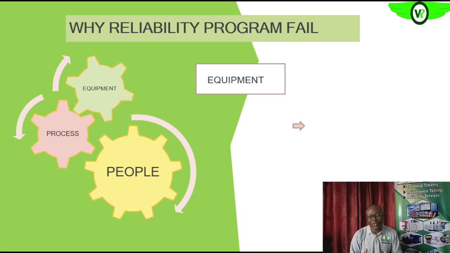Vibration will help you to look at the condition of the equipment. That condition of the equipment can only tell you when the equipment actually needs to be maintained, as we will see later. Now, even on that vibration monitoring, most facilities ignore the process of monitoring the equipment vibration.